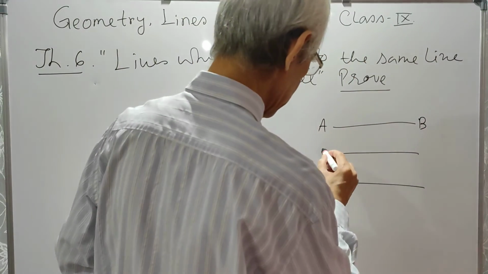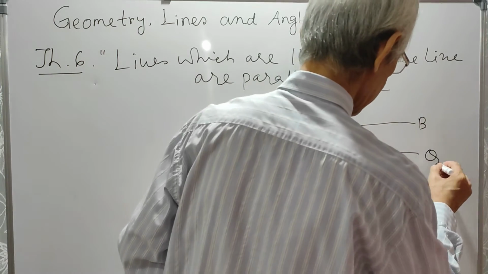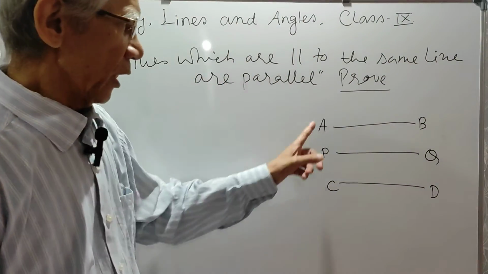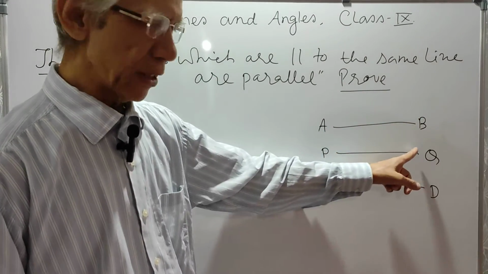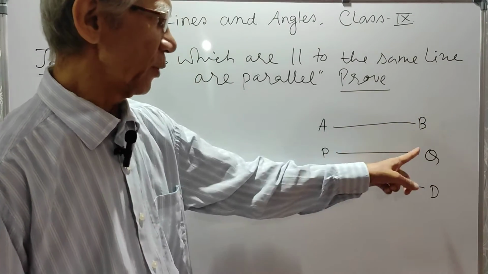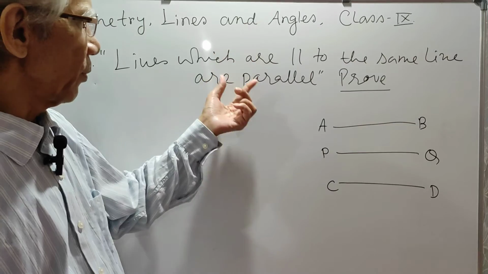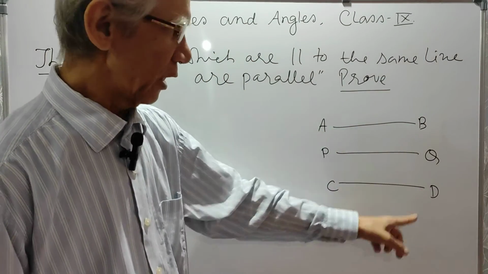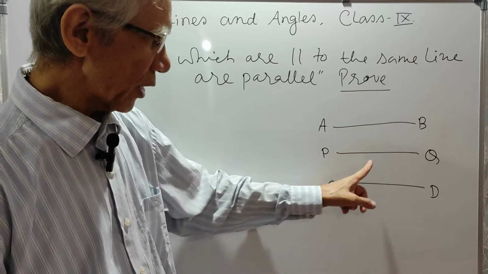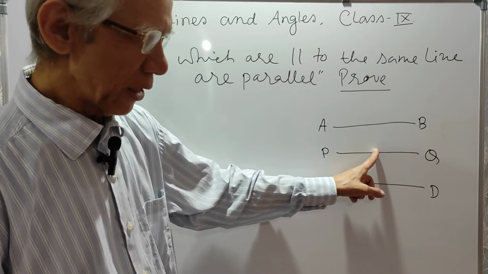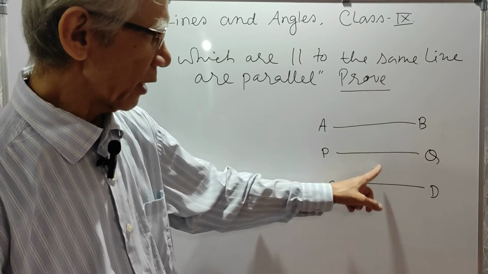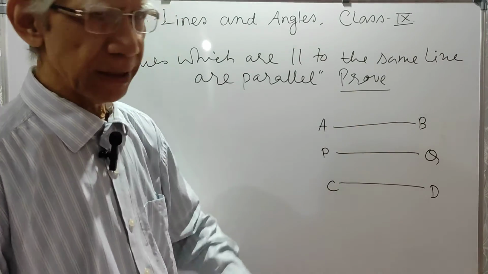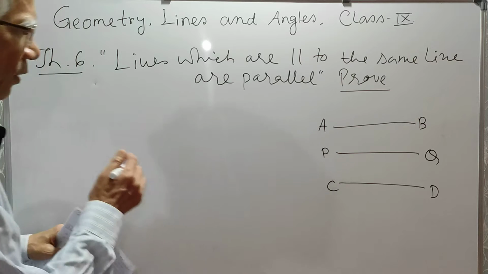AB parallel to PQ and also CD parallel to PQ. And what you have to prove? You have to prove that these 2 lines are parallel. That means AB parallel to CD. They are parallel because they are parallel to the same line. That is what we have to prove.